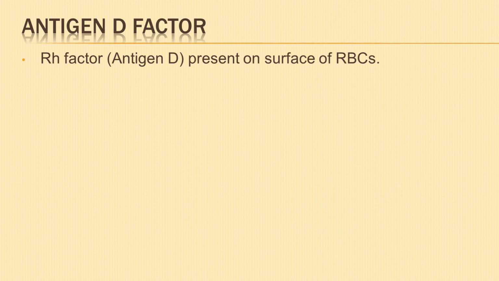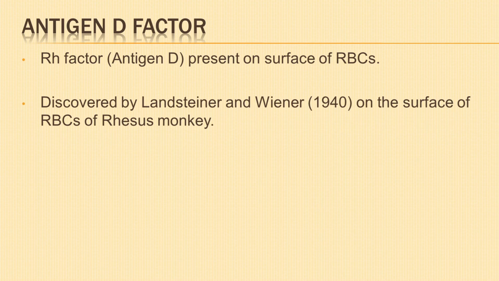Let us learn a new term, that is Rh factor. Rh factor is an antigenic protein, antigen D, present on the surface of RBCs in human beings. It was first discovered by Landsteiner and Wiener in 1940 on the surface of RBCs of rhesus monkey, and hence the term Rh factor.